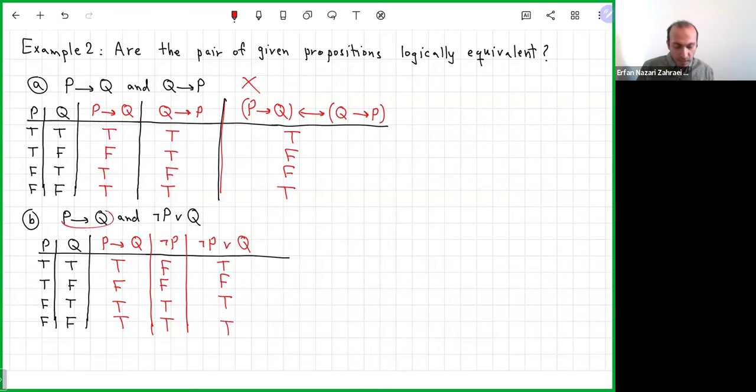Now I want to see if these two are logically equivalent or not. Then look at this column and this column. They are exactly identical.